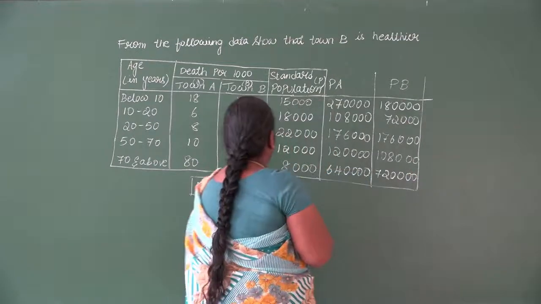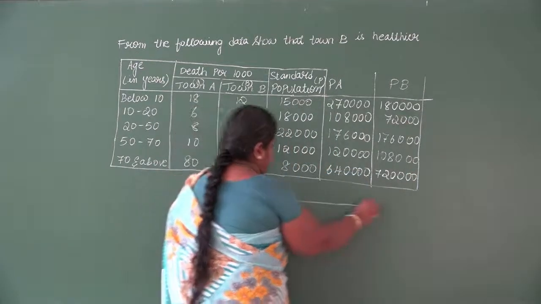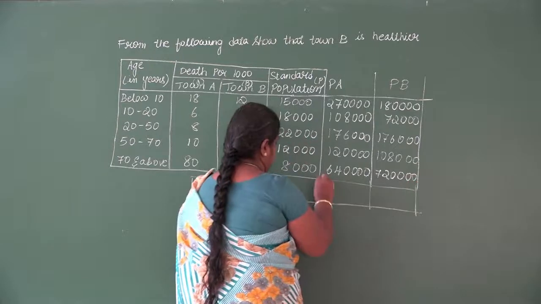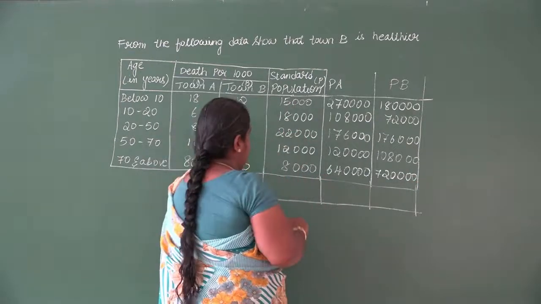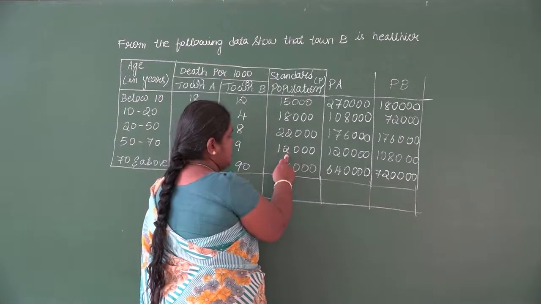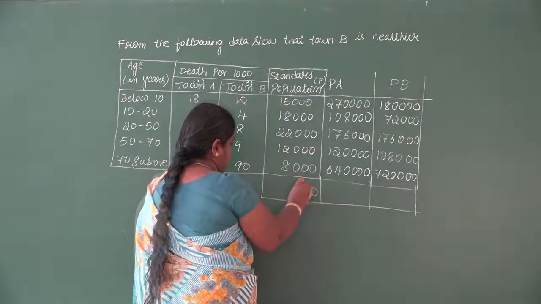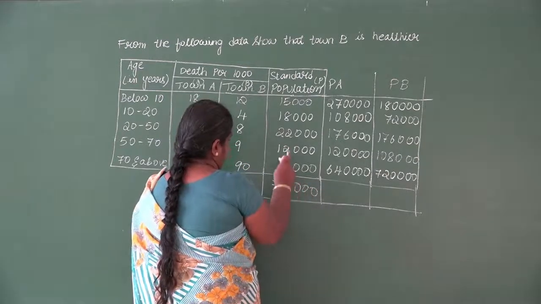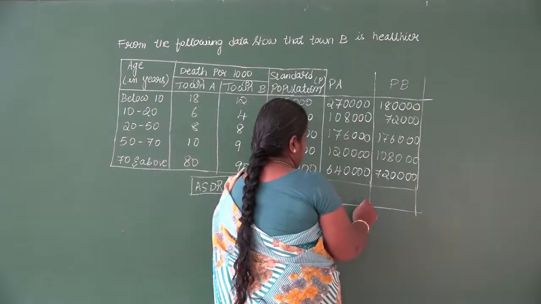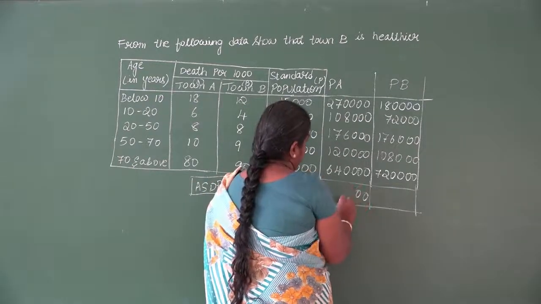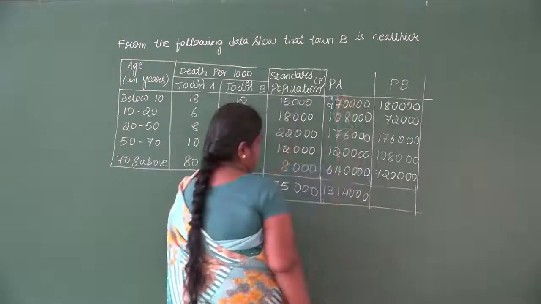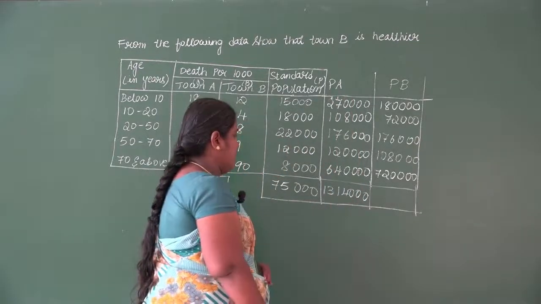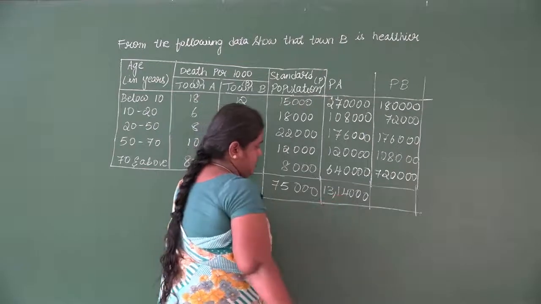Then do the total of P, PA and PB. So add 15,000 plus 18,000 plus 22,000 plus 12,000 plus 8,000, 75,000. Next do the total of PA. So when you add PA values, you'll get 13,14,000.